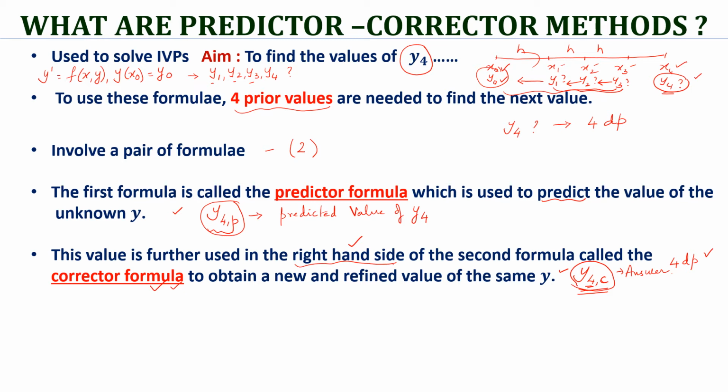You substitute this y4c back in the corrector formula and then you get a new y4c. So now you will compare these two y4c's. You will forget the predicted value and you will look at the old value of y4 and the new value of y4, and if these two correlate, then you stop the problem and you declare the answer as y4. You will understand this better when we do a problem.